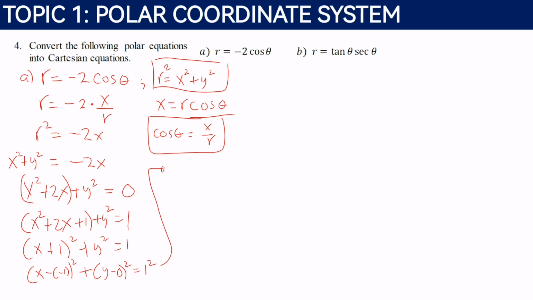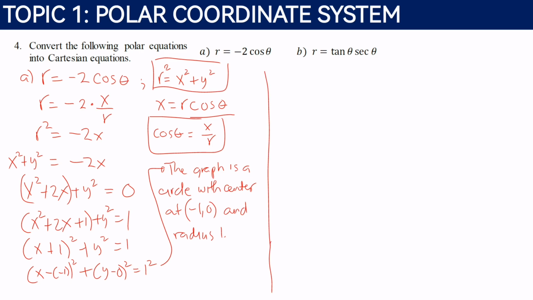In other words, the graph is a circle with center at (negative 1, 0) and radius 1.